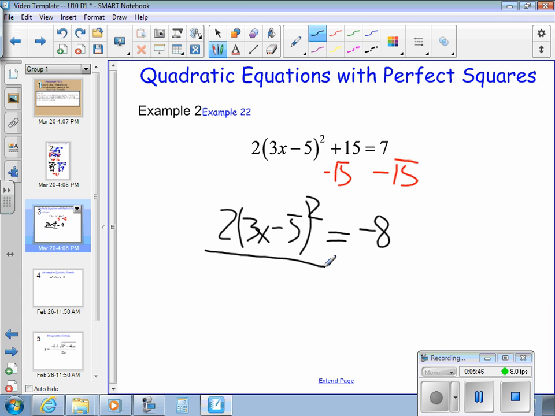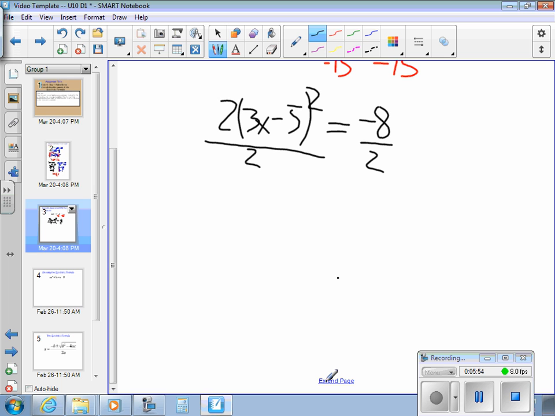And then I will divide both sides by 2, which will give me 3x minus 5, that quantity squared, equals negative 4.